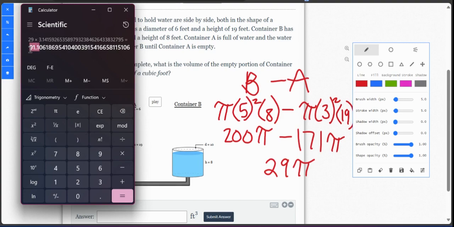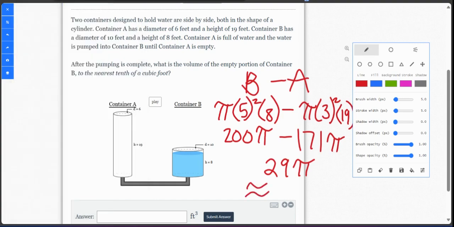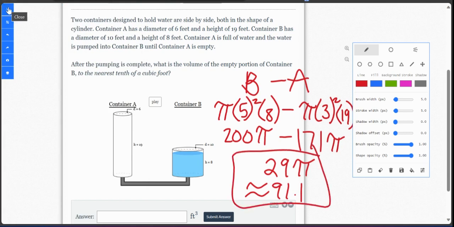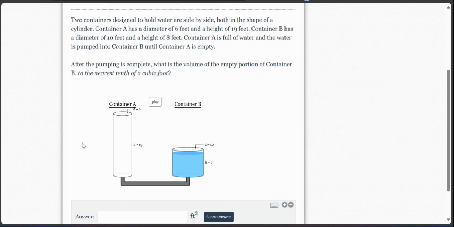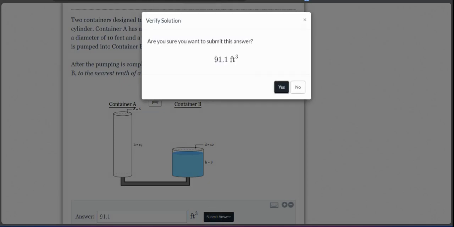You can't round that up, you keep it the same, 91.1. So this is about 91.1. All right, we type our answer in. Submit. And yes.